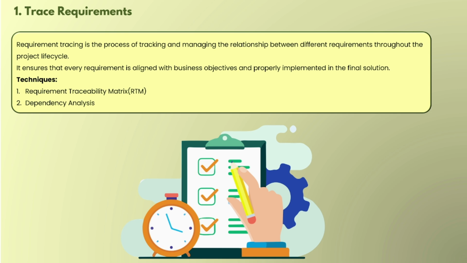What is next is it ensures that every requirement is aligned with the business objective and properly implemented in the final solution. This just means we check if each requirement actually supports what the business wants. Like if the goal is to improve customer experience, then a requirement like live chat support should be there, which clearly connects to the goal. Nowadays there are chatbots, so we can implement that.